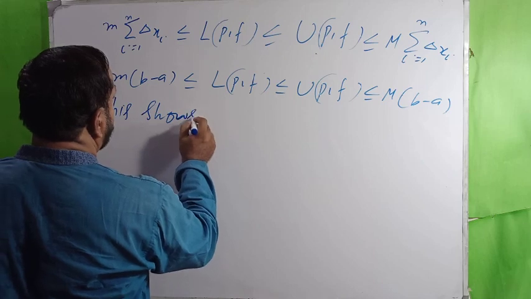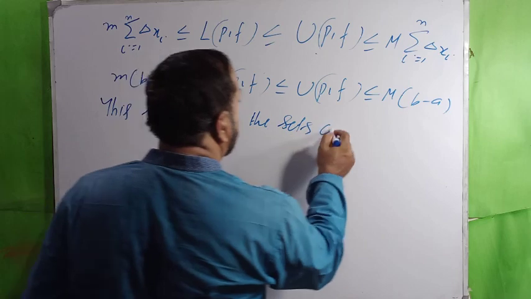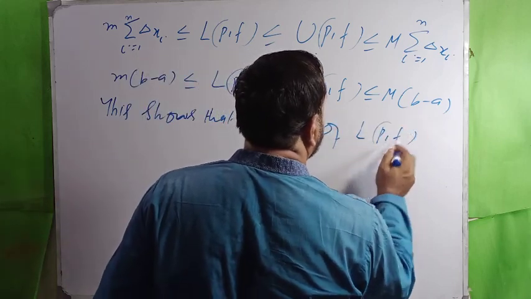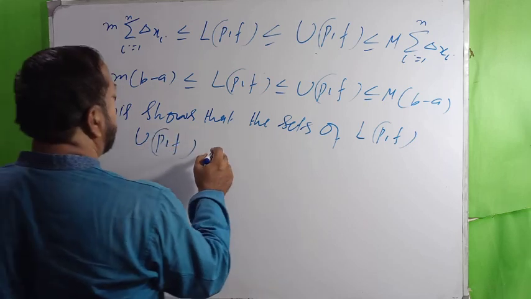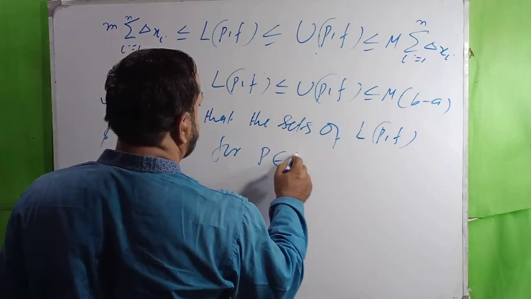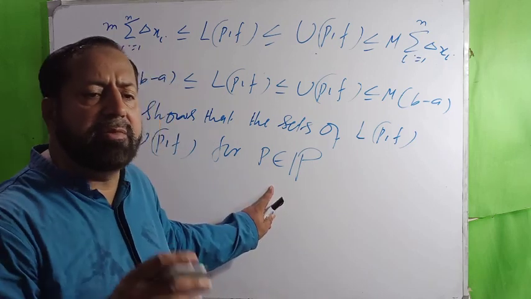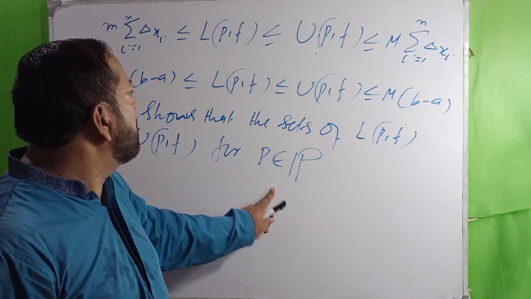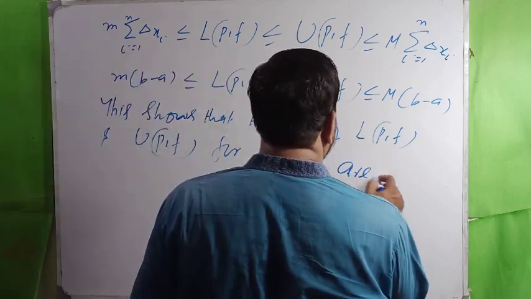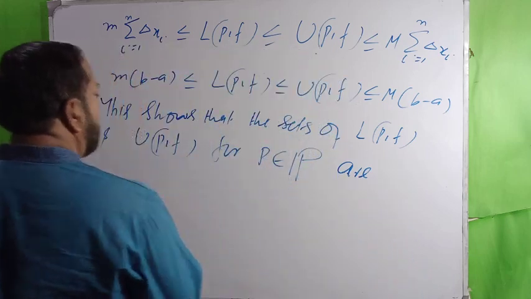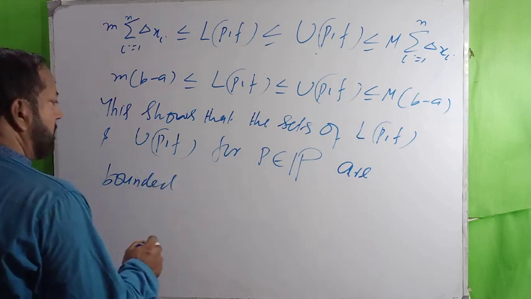This shows that the sets of L(P,f) and U(P,f) for P belonging to the set of all partitions, you are getting their sets of lower sums and sets of upper sums, are bounded.